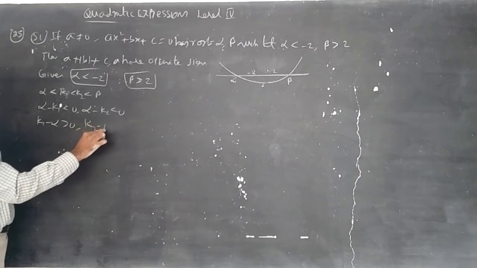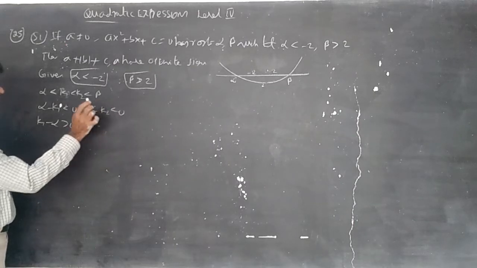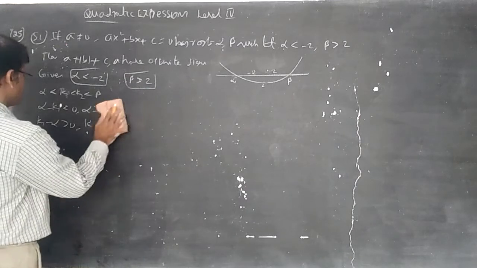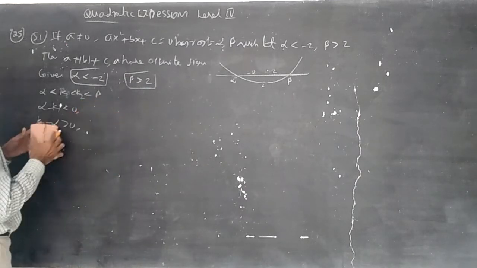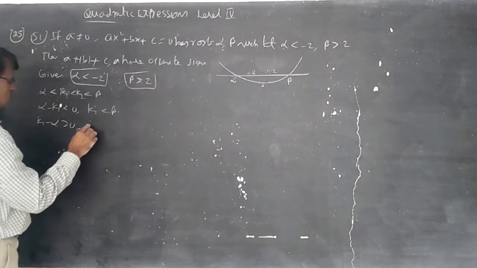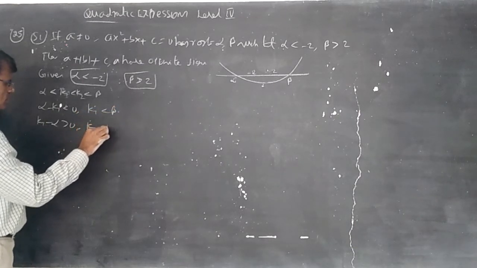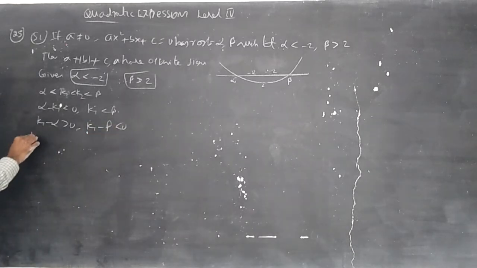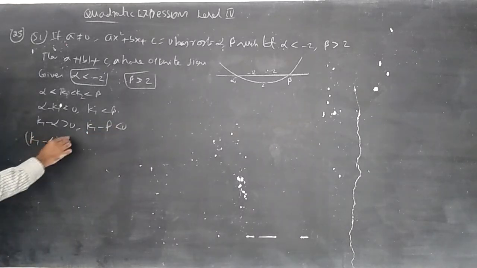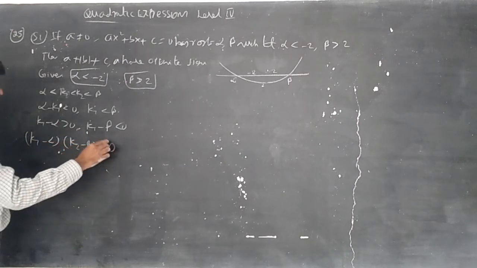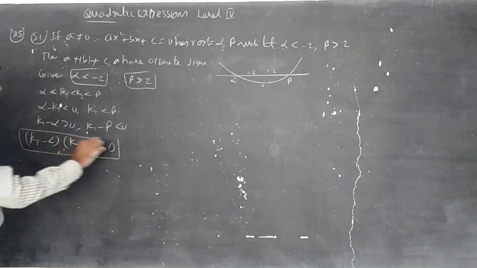First of all, you should consider only K1 and beta. K1 less than beta. So K1 minus alpha greater than 0 and K1 minus beta less than 0. So (K1 minus alpha) into (K1 minus beta) less than 0.